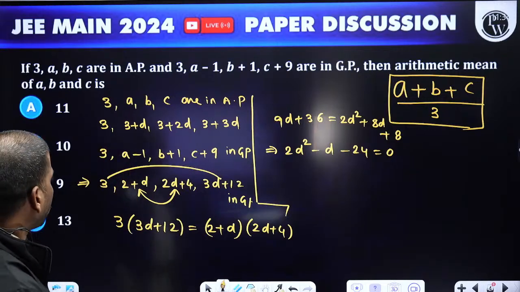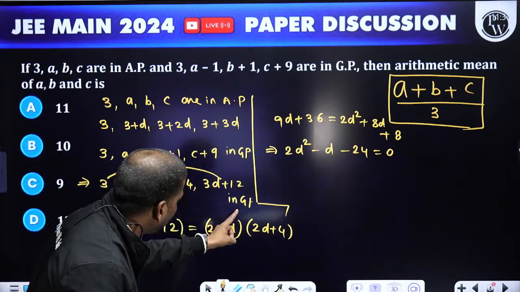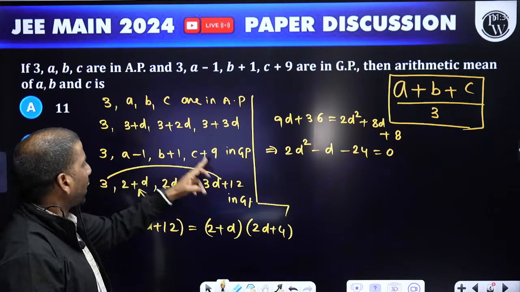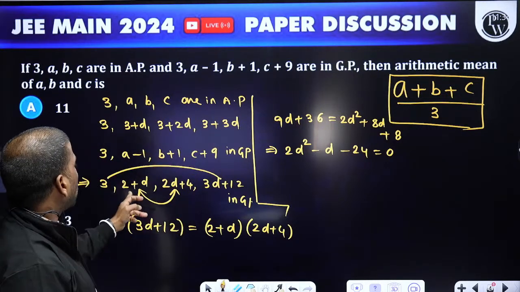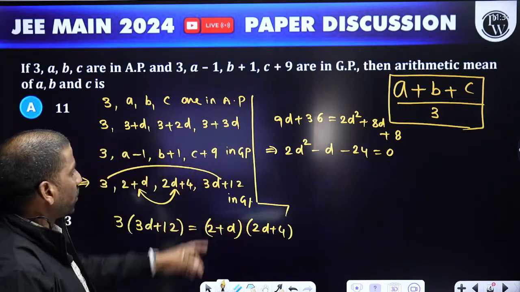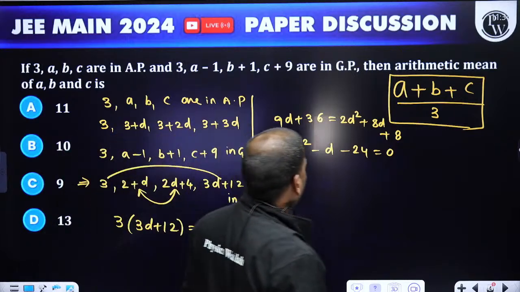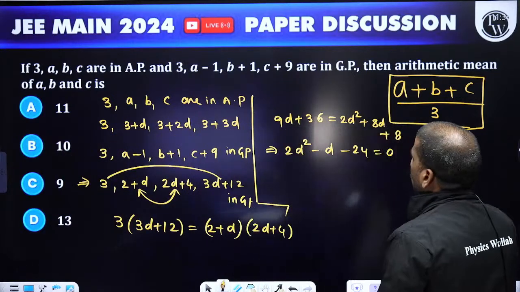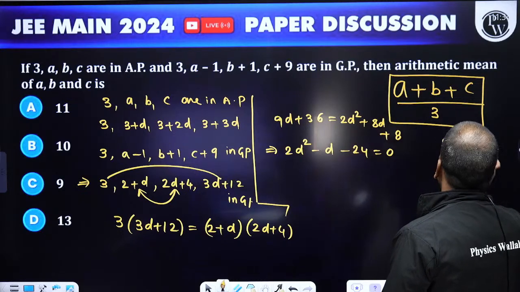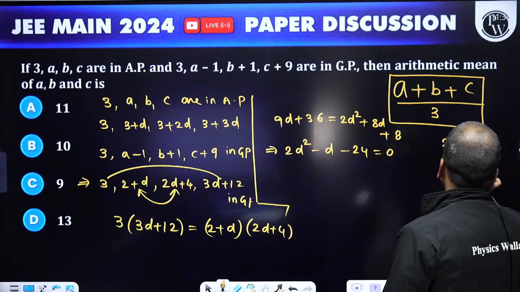So that is what it is. Since these four terms are in geometric progression, what I could say is, 3 times (3d plus 12) is equal to (2 plus d) times (2d plus 4). So that is what we have written. So 2 times 24, 48. So we get the value of d.